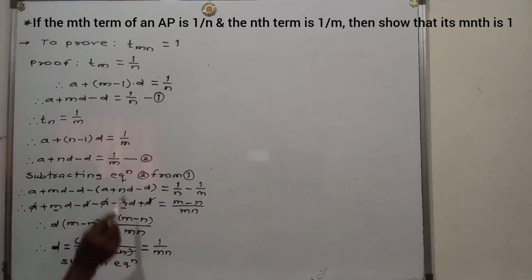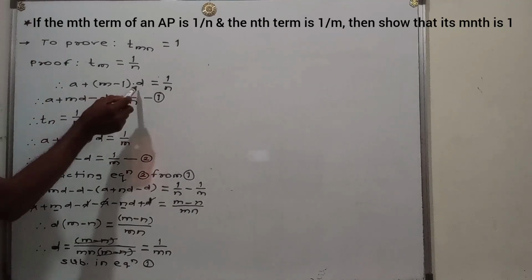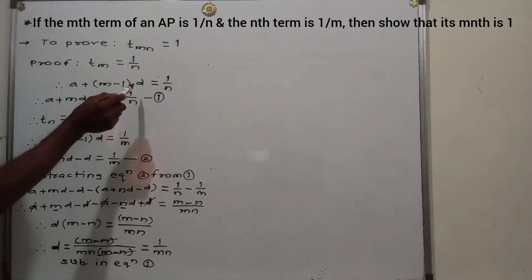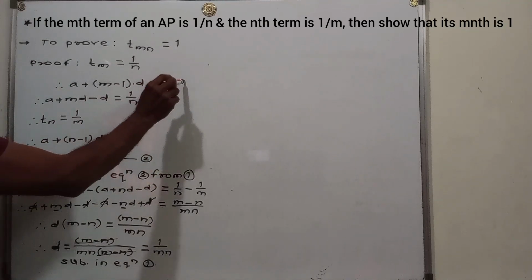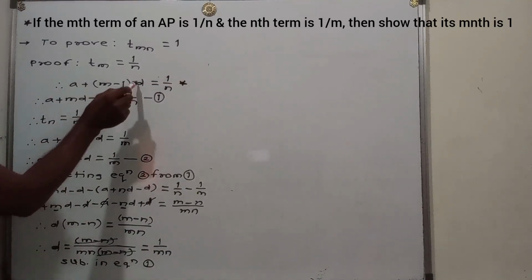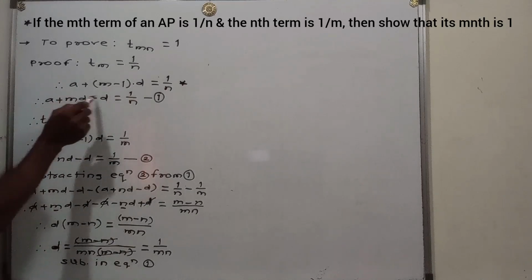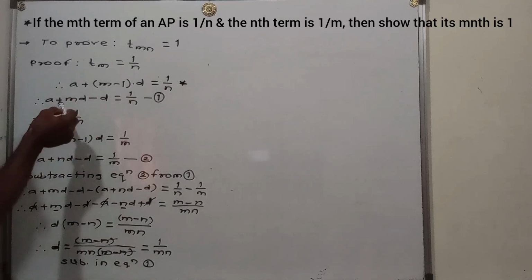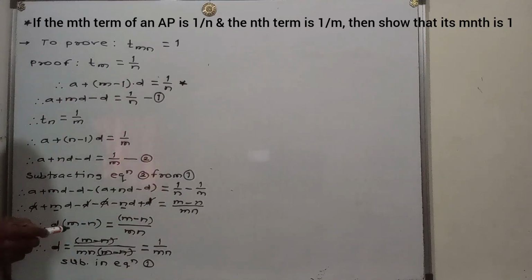See here, in equation 1, we put it here, then that becomes very easy. Did you get it? We put it here. Now because here d is alone. Or you can put it here also, no problem.